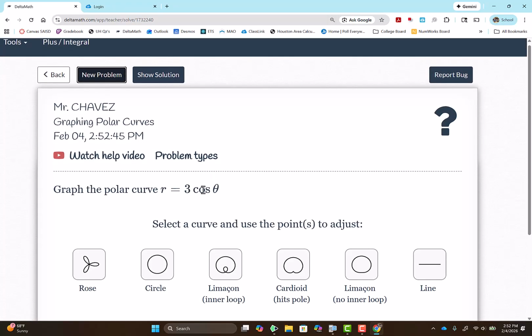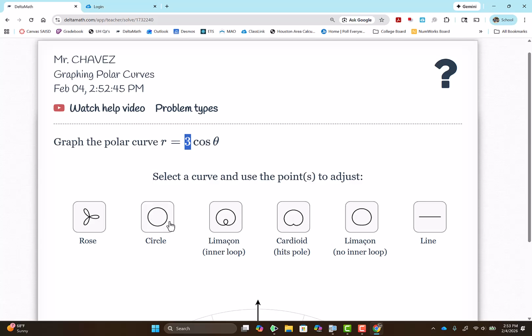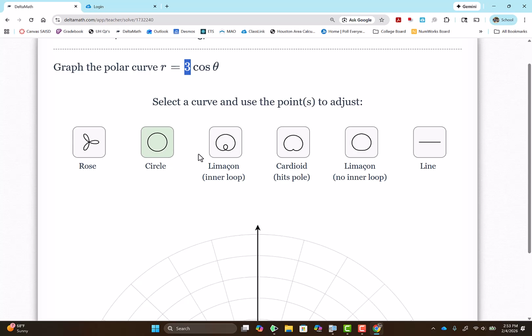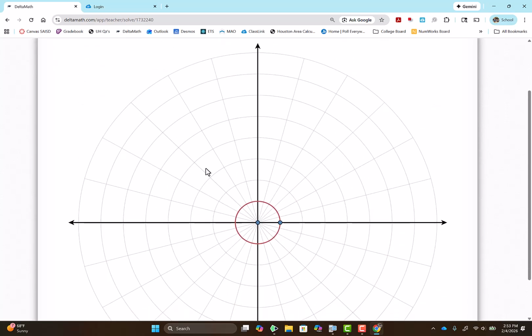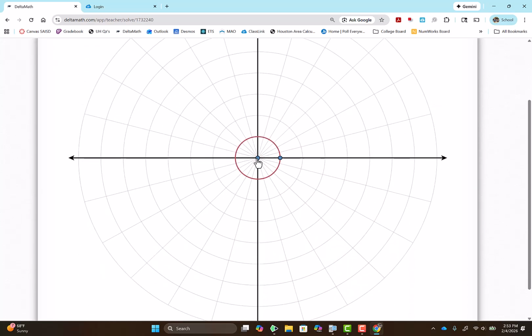All right, let's look at this. What did I tell you this was? A circle with a diameter of 3, and my center is going to be whatever this is divided by 2, 0. So I push circle, and okay, there it is, highlighted. And then what's 3 divided by 2? 1.5. So I go to 1.5, 0. Here's my center, about right there, and then I make my diameter 3.